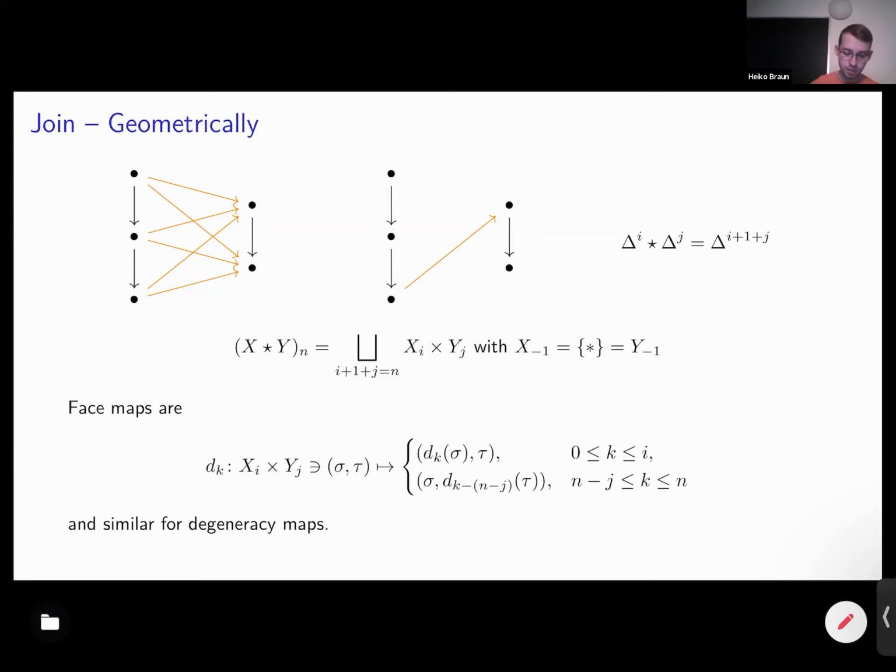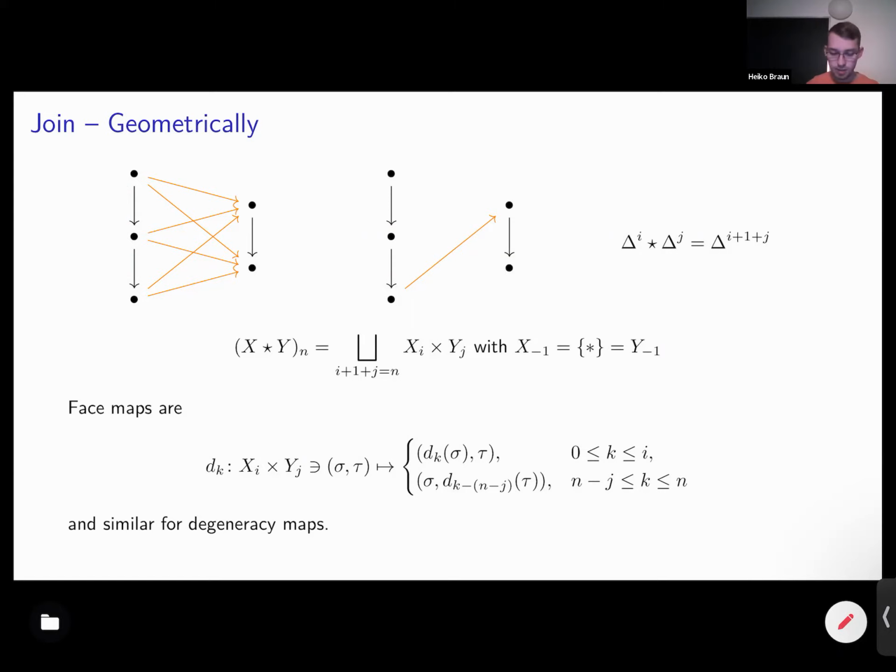And pictorially, it looks like this. The join is called like that because we have the two parts here and there, and then we add all the possible edges to this, which looks like the normal join of topological spaces.